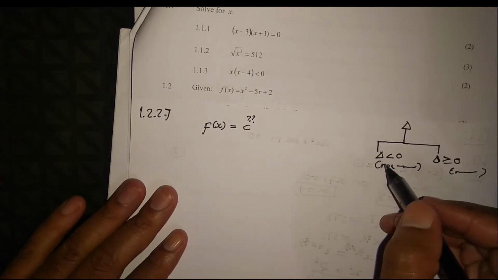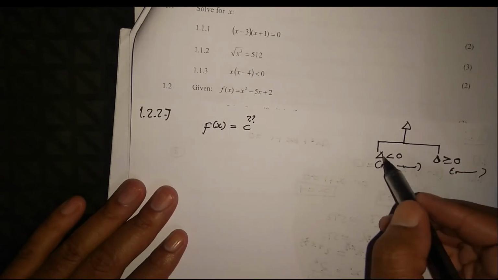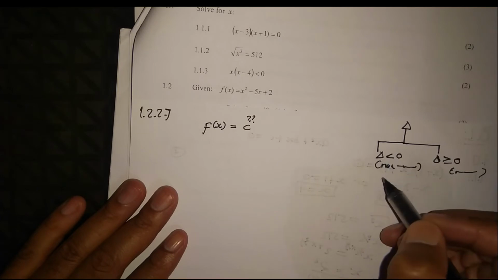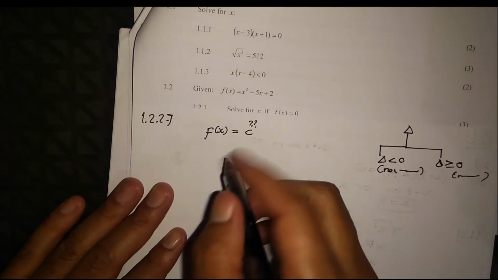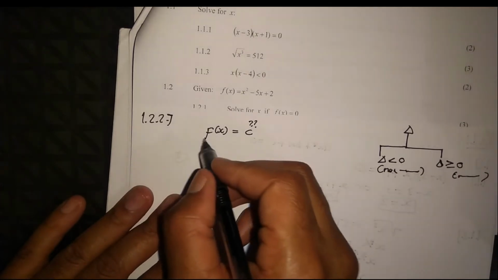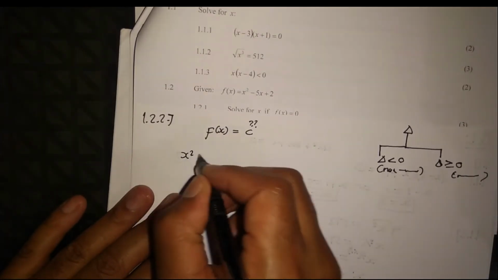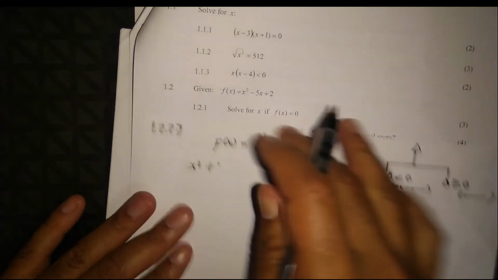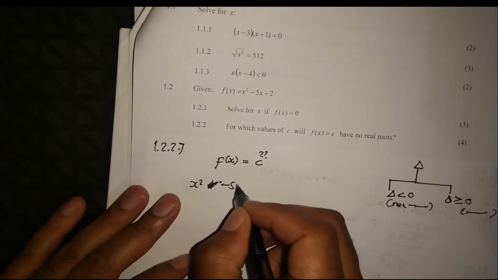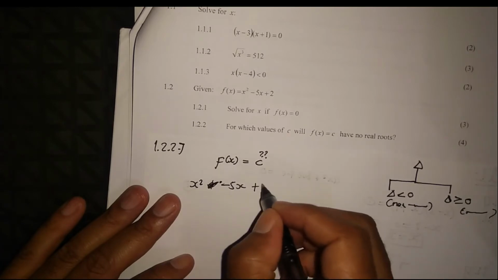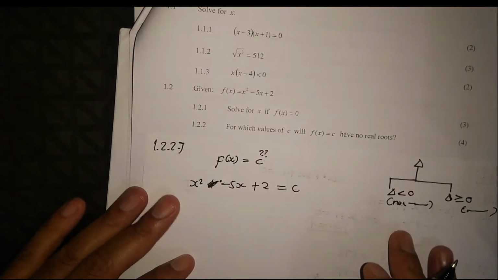When the roots are non-real, the discriminant must be less than 0. So I substitute f of x, which is x squared minus 5x plus 2, equal to c.